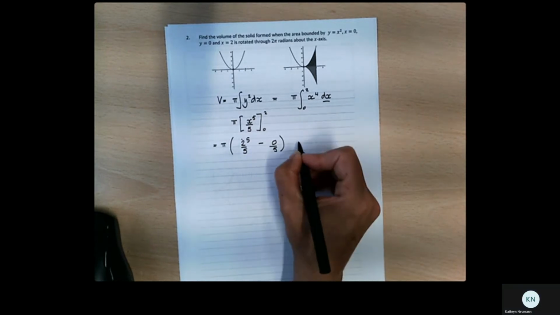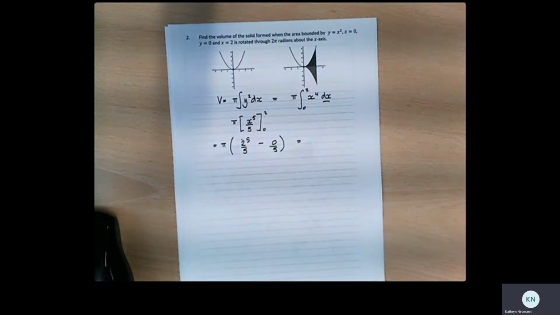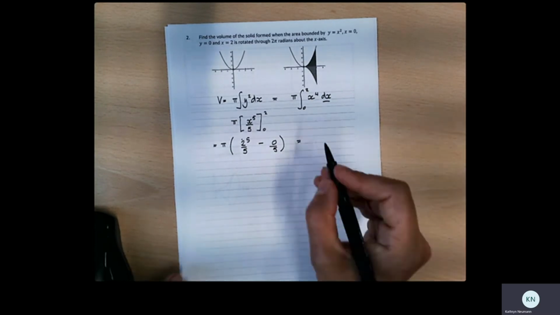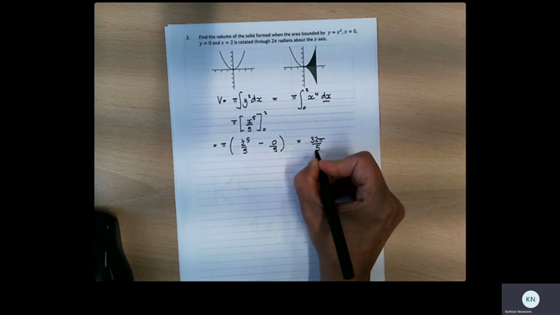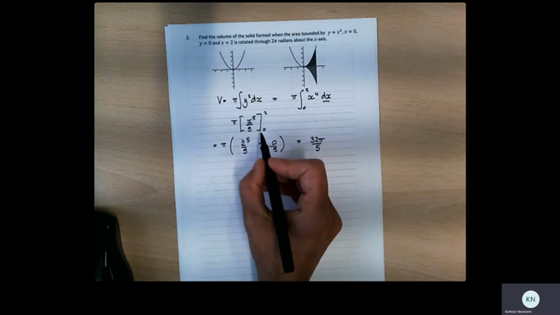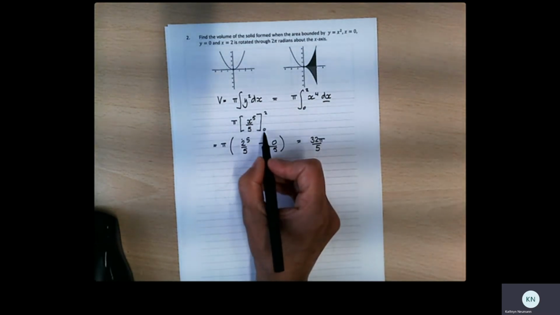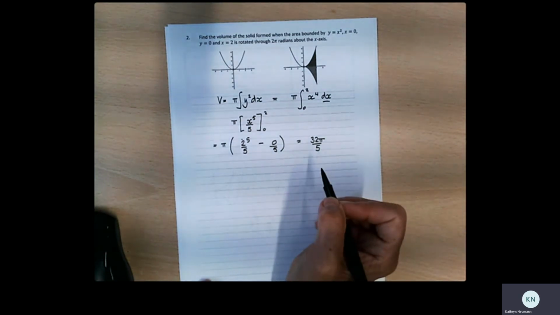And when you evaluate that, you get 32 pi over 5. In both these examples, the lower limit was 0, but it doesn't have to be 0. We'll see that in the next example.